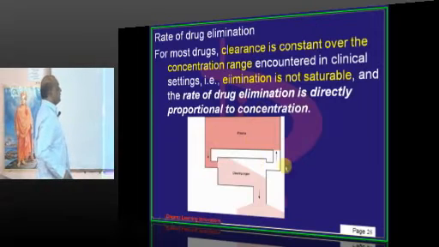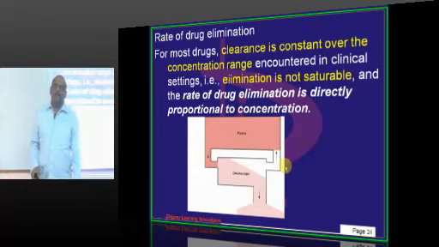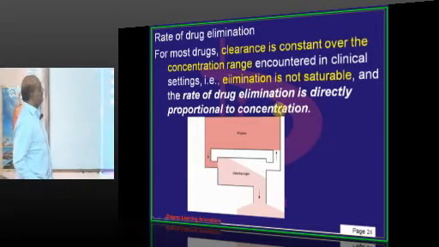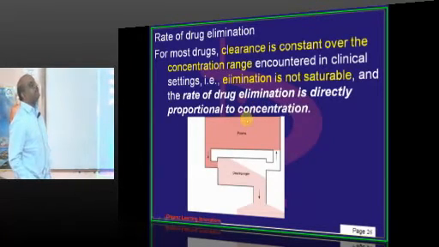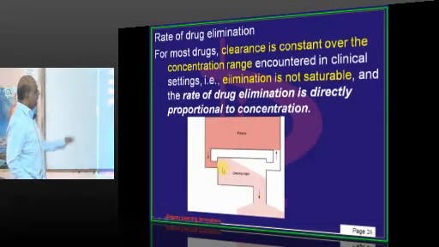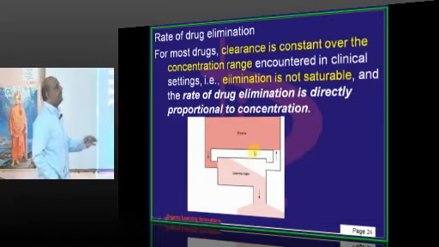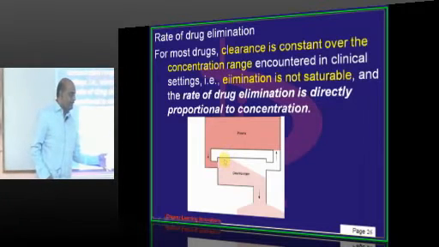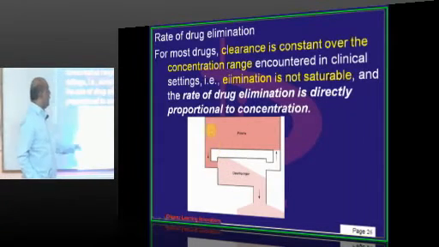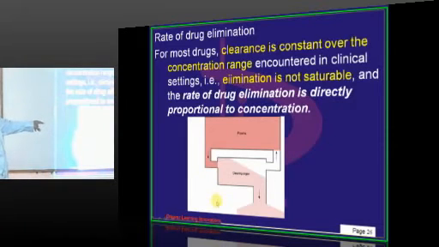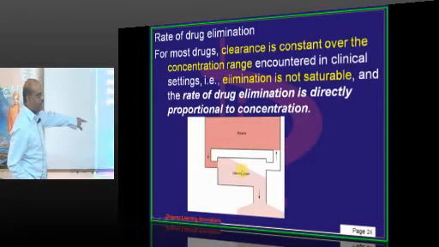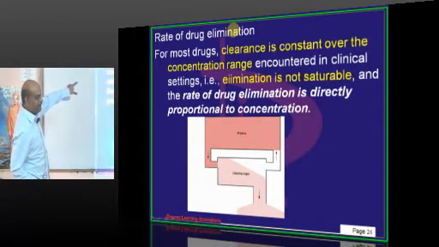So this is the whole story. Now doctor, if you take any drug, what is the most important factor that decides the rate of elimination? Every drug is cleared by various organs. Some drugs are cleared by the kidney, some by the liver, etc. So the clearance of the drug by a particular organ is an important determinant of the rate of drug elimination.